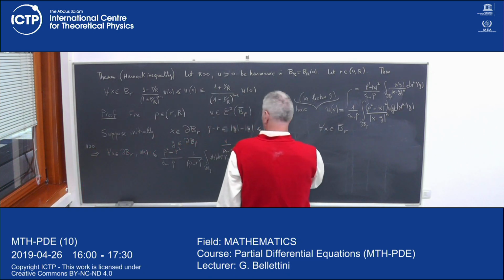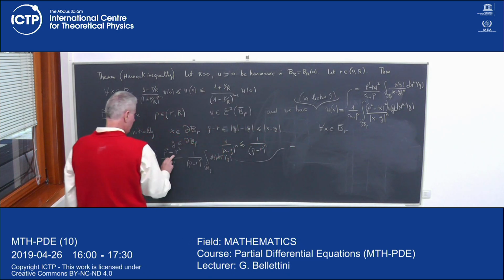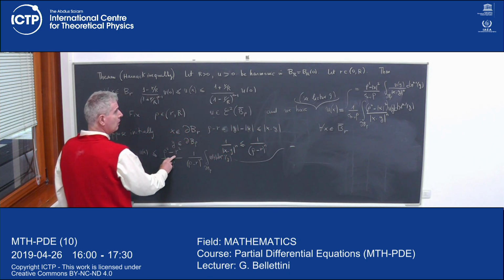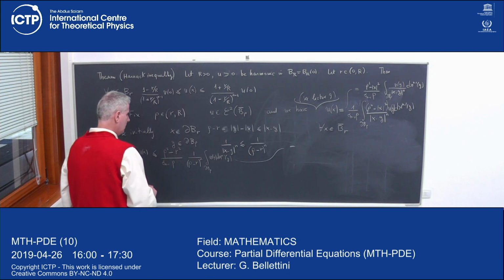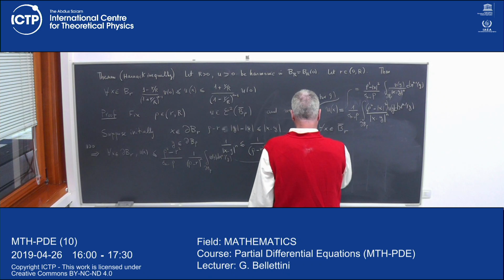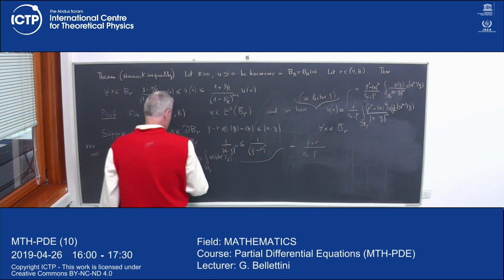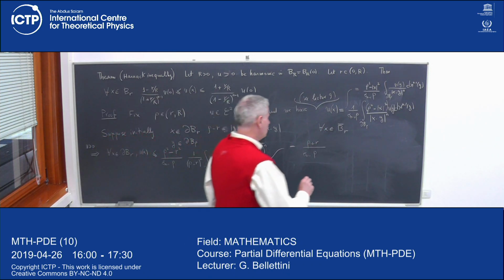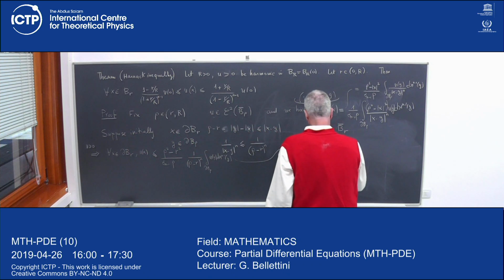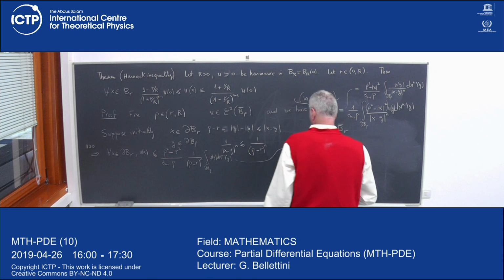Maybe there is a simplification that we can do. So this is equal to rho plus r, divided by sigma minus 1 rho, and then there is 1 over rho minus r to the n minus 1.